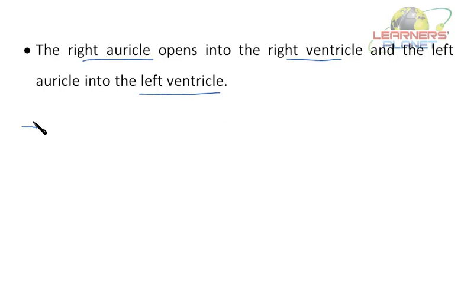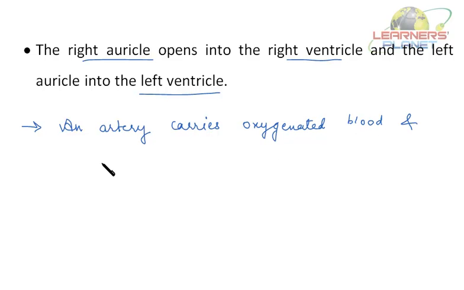Also remember one more point which I would like to share with you, that an artery carries oxygenated blood, which means it is the pure form of blood, and a vein carries deoxygenated blood.